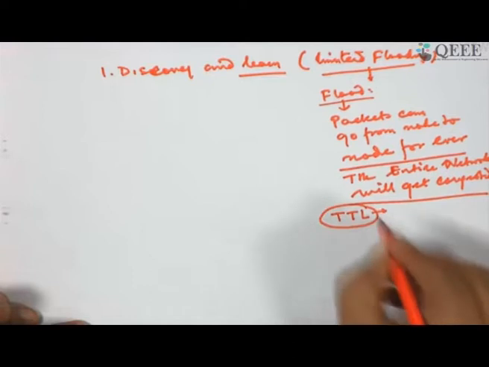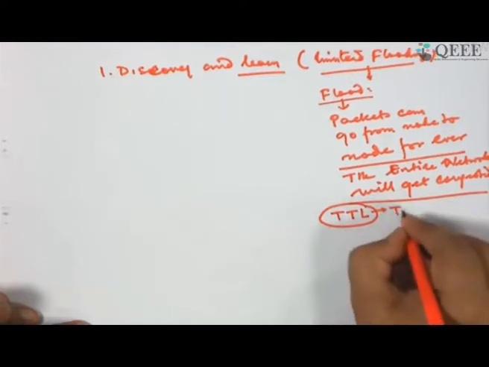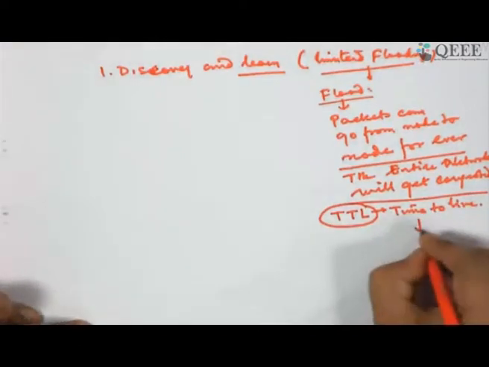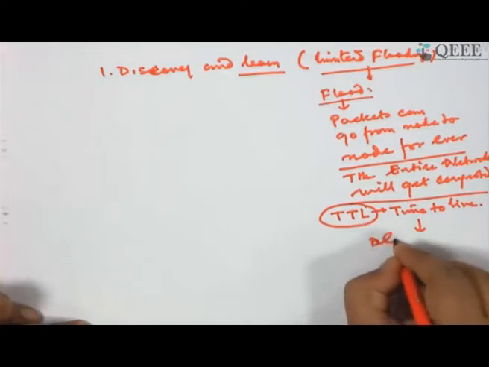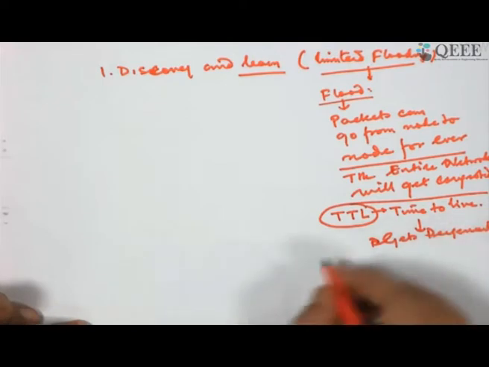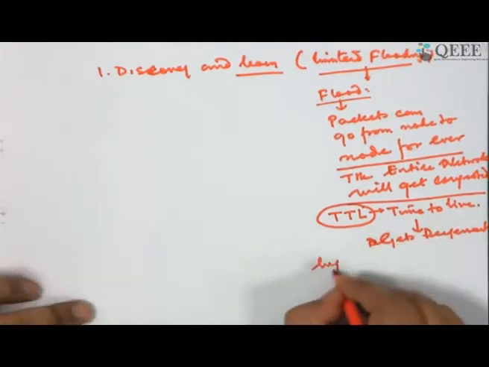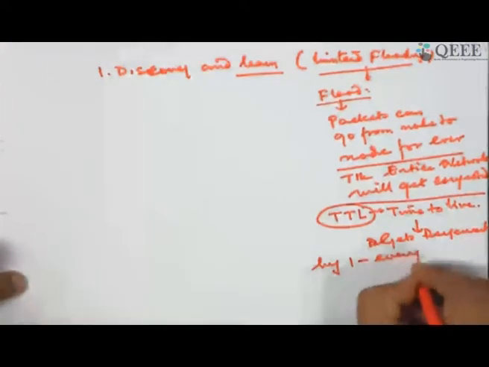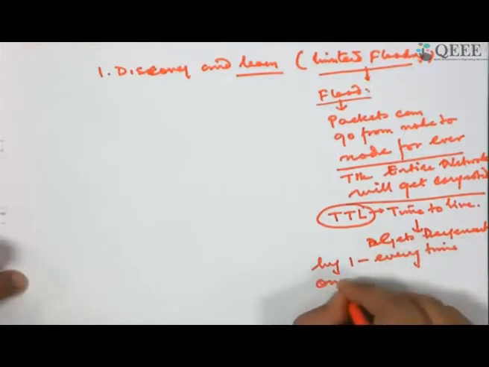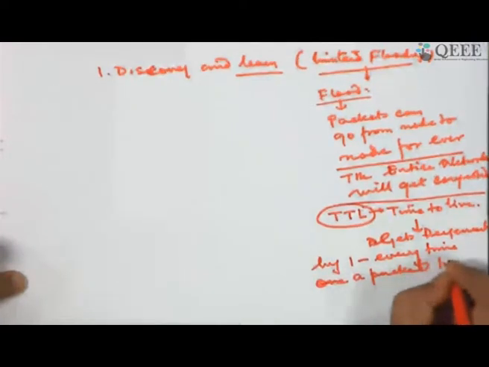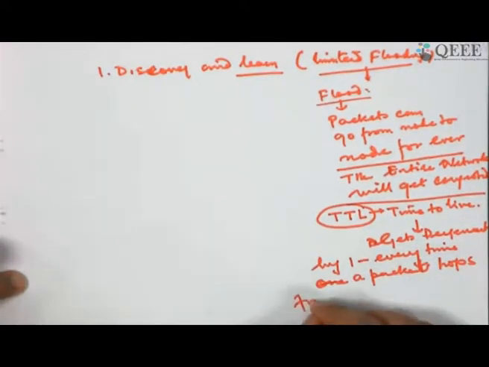Each packet has a value of time to live, and this value gets decremented by 1 every time a packet hops from one node to another.